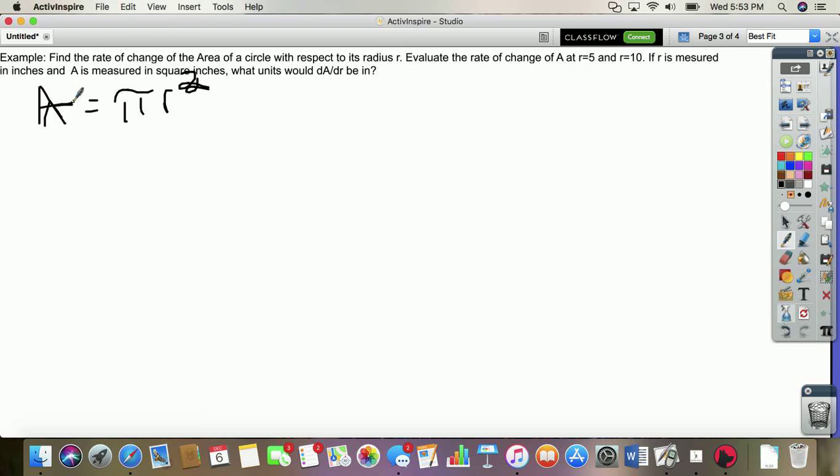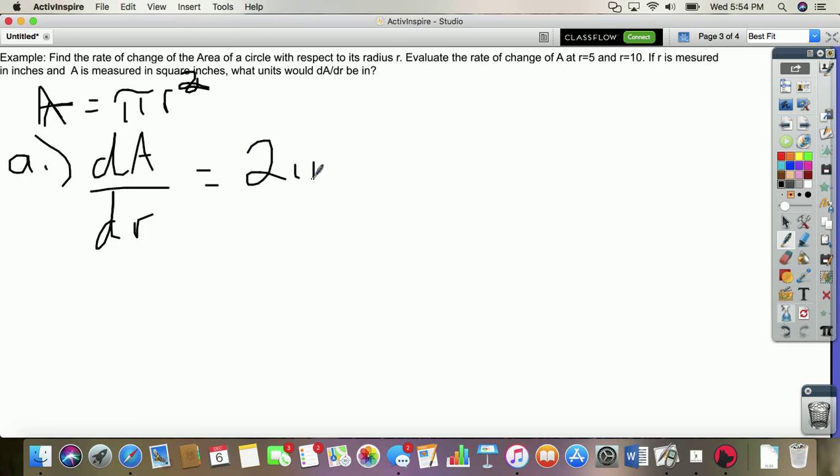The instantaneous rate of change with respect to r, and I'll make this part A, is the derivative of A with respect to r. Taking the derivative, we get 2 times pi r. All right? And that's about it for that.